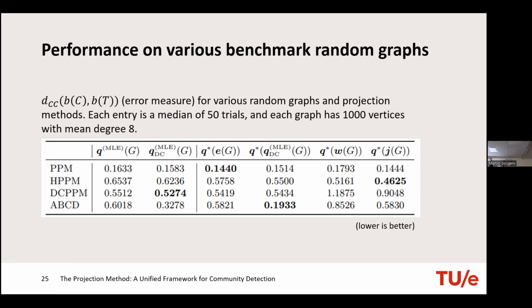Especially here for the planted partition model, it's quite interesting that if you use the likelihood function of the model that you're working on, then it actually works worse than our heuristic on simply the adjacency matrix. And even for these other more realistic graph models, we see that our method works significantly better than these other methods.